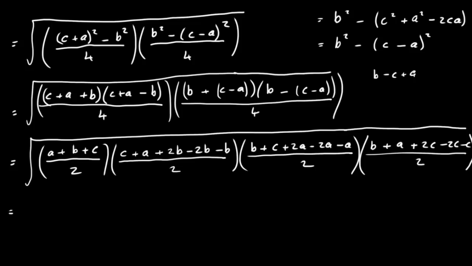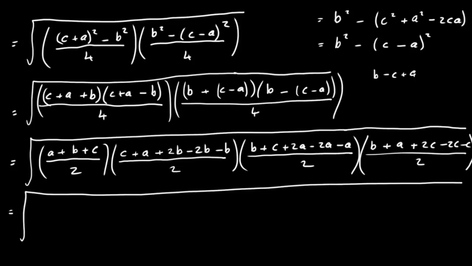Okay, so let's see what we've ended up with here. So again, big long square root here. So we have a plus b plus c over 2, which is what we want. A plus b plus c all over 2. That's perfect.